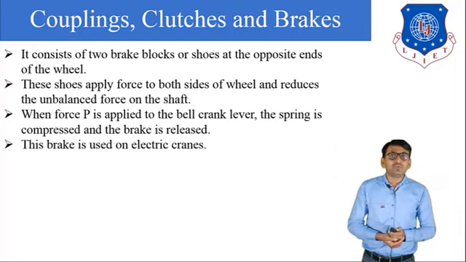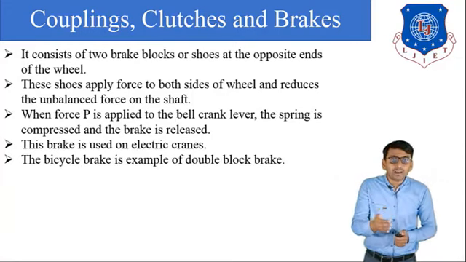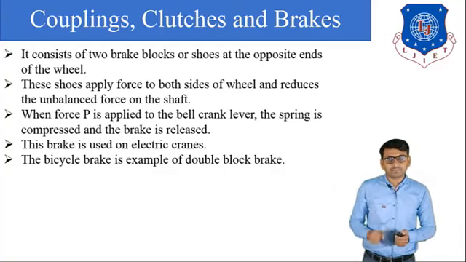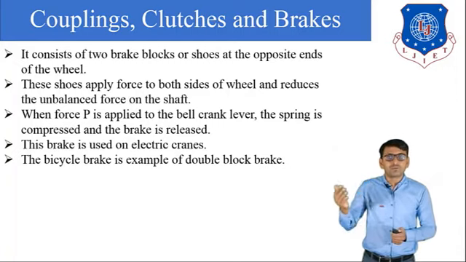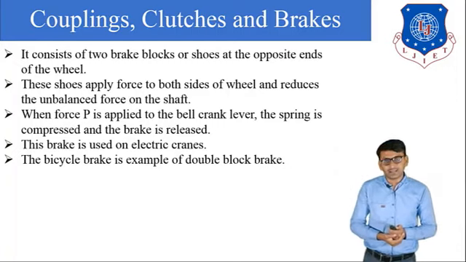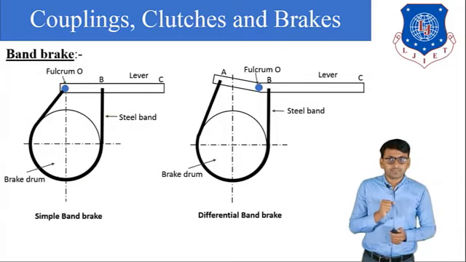This brake is used on electric cranes. The bicycle brake is an example of a double block brake. So this is about the double block brake, in which there are two blocks made from some frictional material. Then third one, that is band brake.